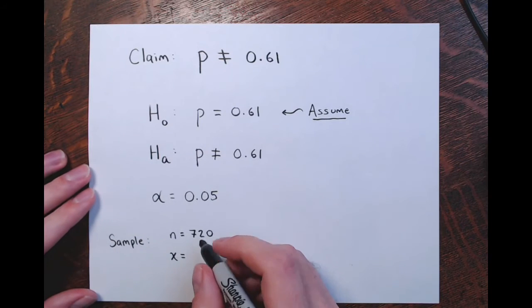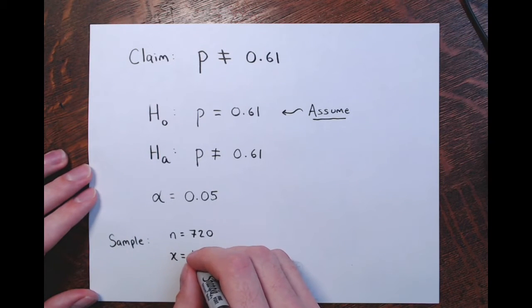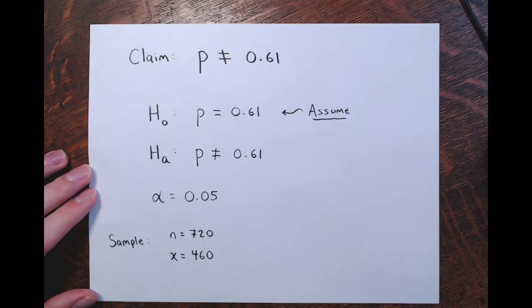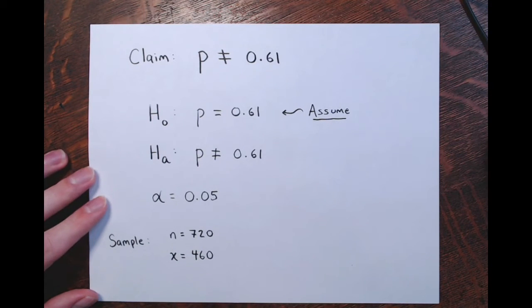So of these 720 companies, 460 of them use JavaScript primarily. And then you have a sample proportion, p prime or p hat. You might see either one; they both mean the same thing.